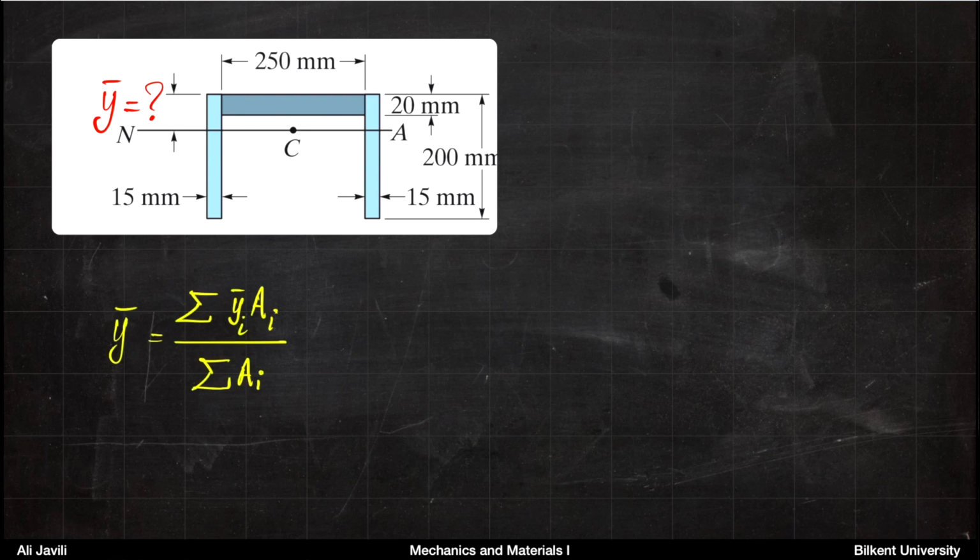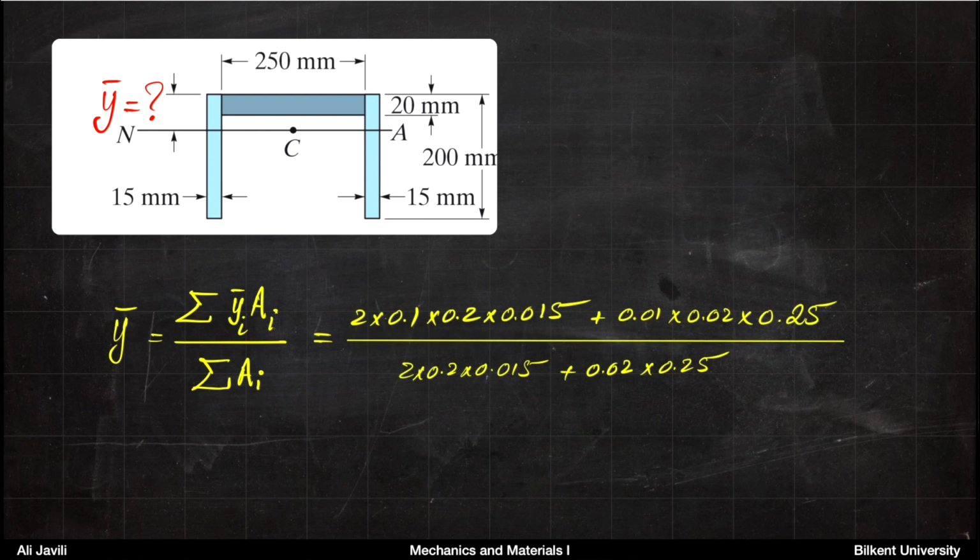So y bar, if you remember, this is basically the location of the centroid, and we learned that we can calculate that using this formula for cross sections that are composed of multiple parts. And that's exactly what we do. So we have these 2 parts on left and right.